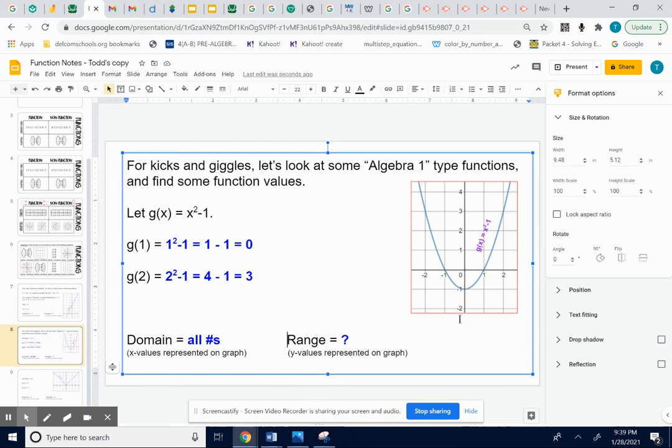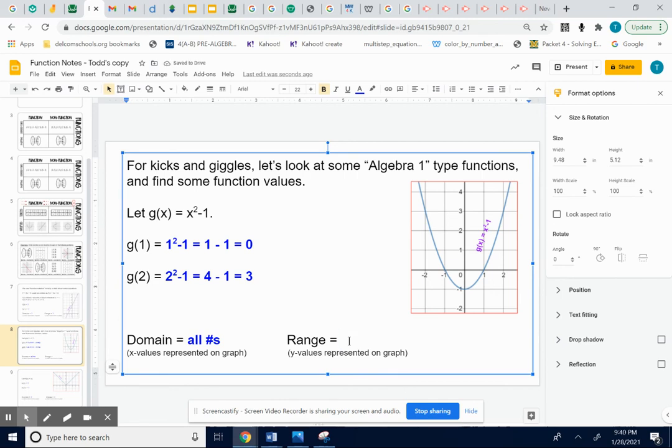Anything underneath -1? So the only numbers that work for the range are the y values that are -1 and larger. -1 and numbers larger than that. I can't type a greater than or equal to symbol, so I'll just write it in words.